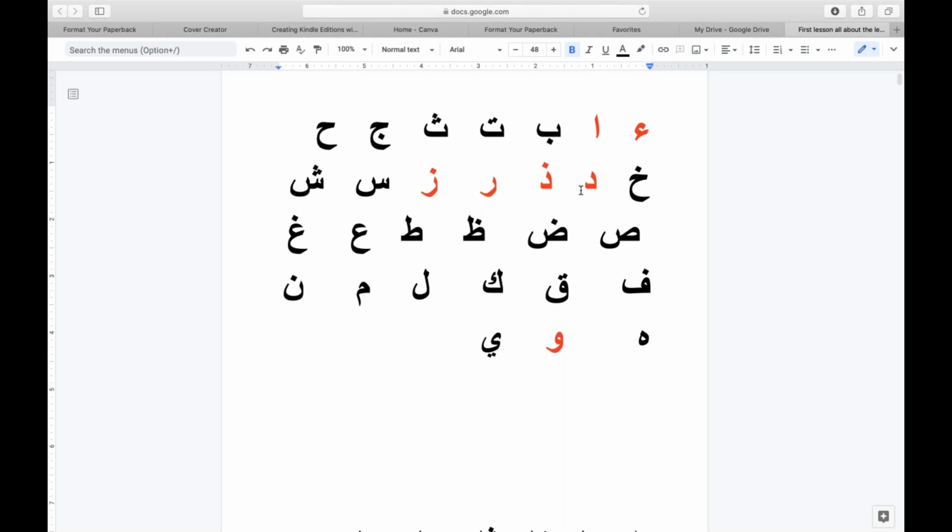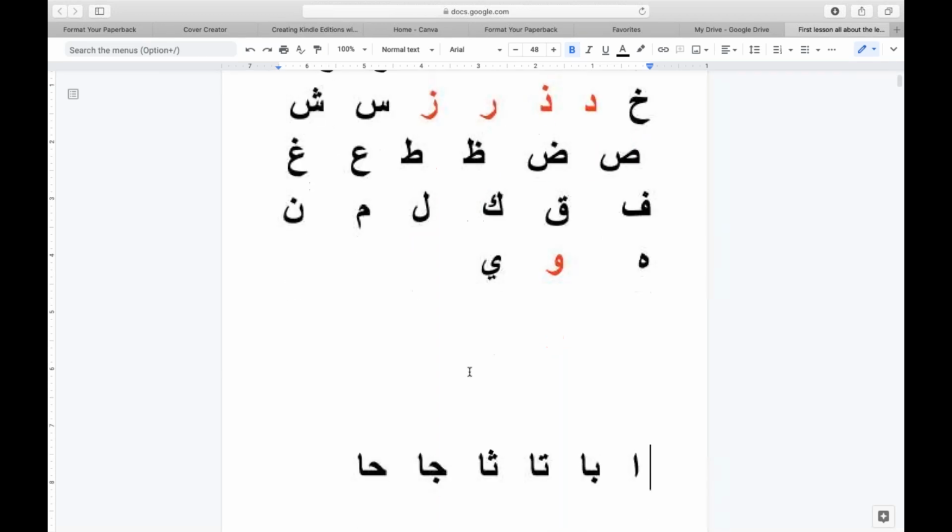You will see why when you learn how to write the letters. Once you learn how to write them, this is going to make all the sense for you. I will go through that in the coming class.